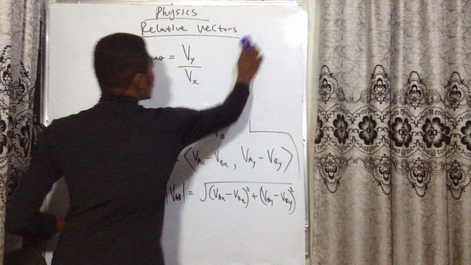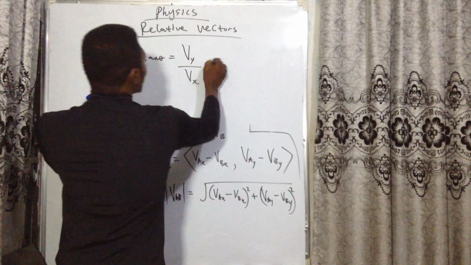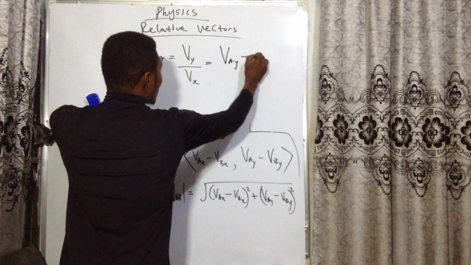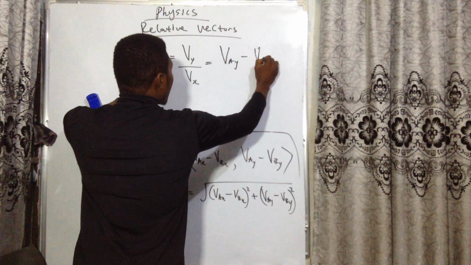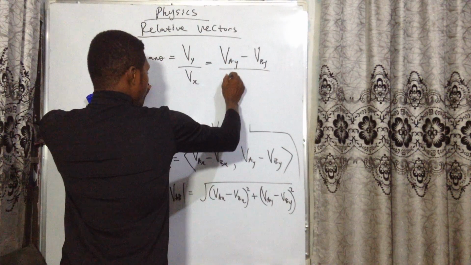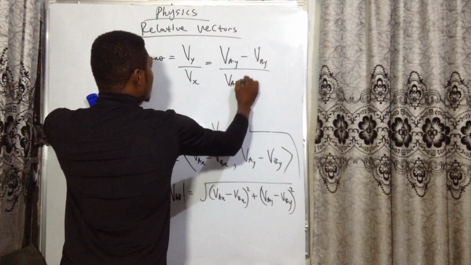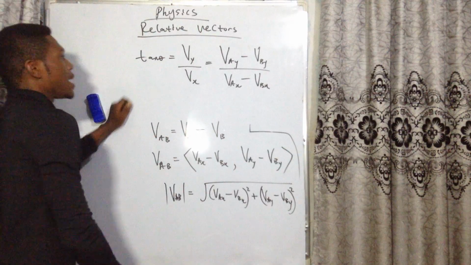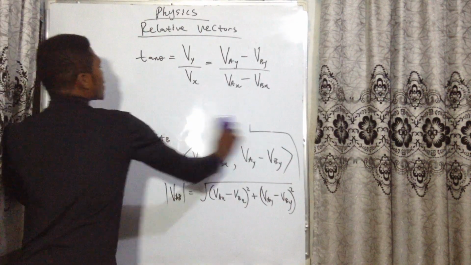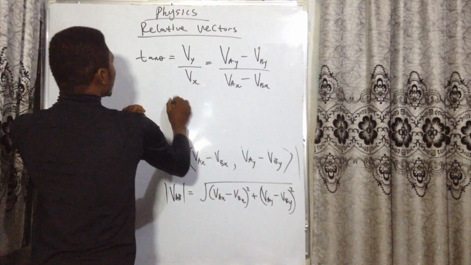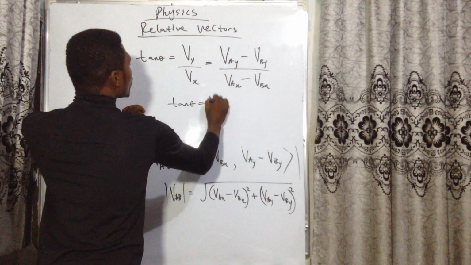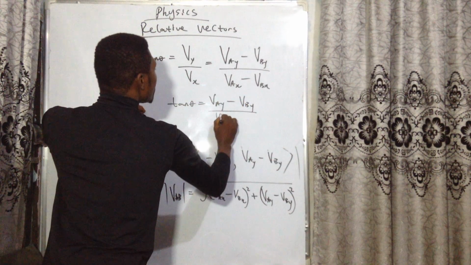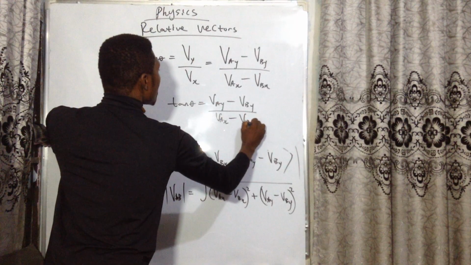So tan theta is equal to VAY minus VBY all over VAX minus VBX.